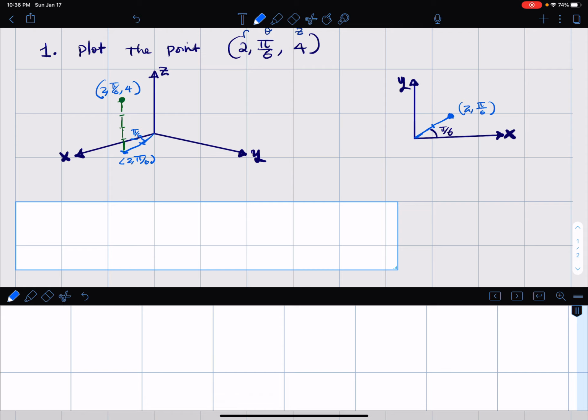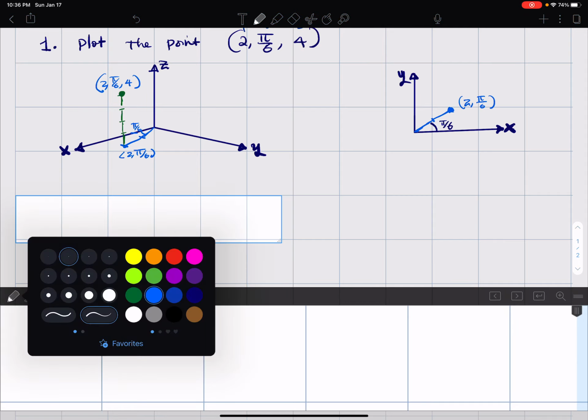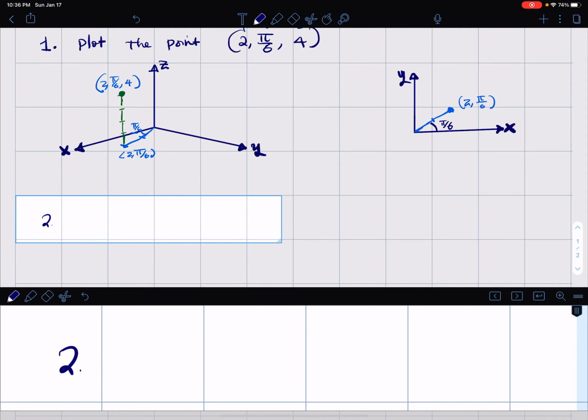Now a bunch more examples. Let's sketch the following regions.